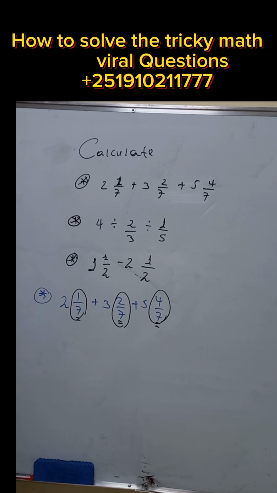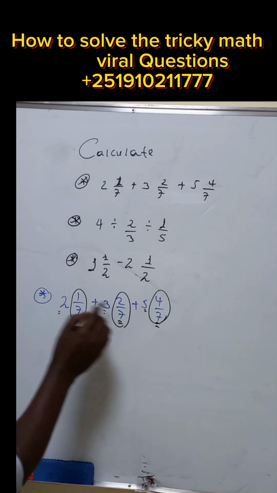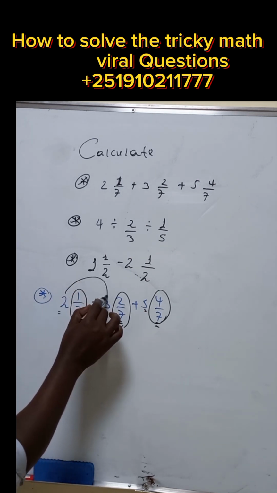In order to find the sum of these mixed fractions, at the very beginning we need to collect the whole numbers. Simply add this one, this one and this one.